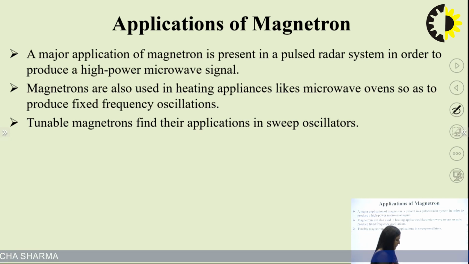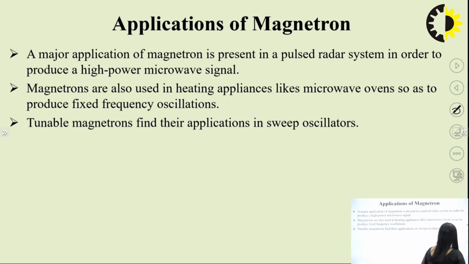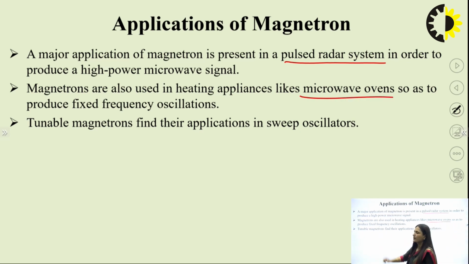So these are some applications of the microwave magnetron. A major application of the magnetron is in pulse radar systems in order to produce high power microwave signals, because it is a source of high power microwave signals and it is used in the pulse radar. Magnetrons are also used in heating appliances like microwave ovens so as to produce fixed frequency oscillations.